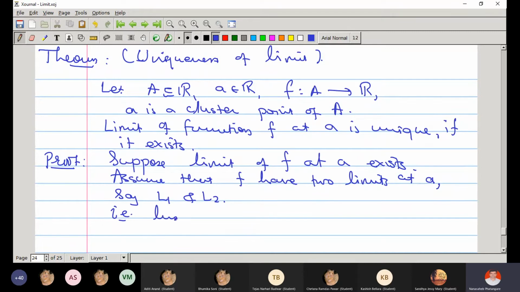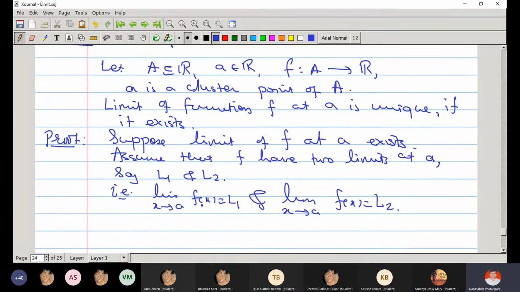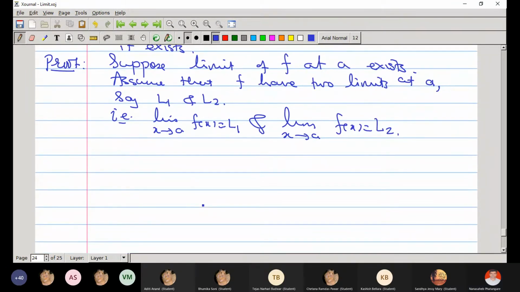That is, limit x tends to a, f(x) is equal to L1, and limit x tends to a, f(x) is equal to L2. So what is our claim now? L1 is equal to L2. Right, our claim is L1 must be equal to L2.